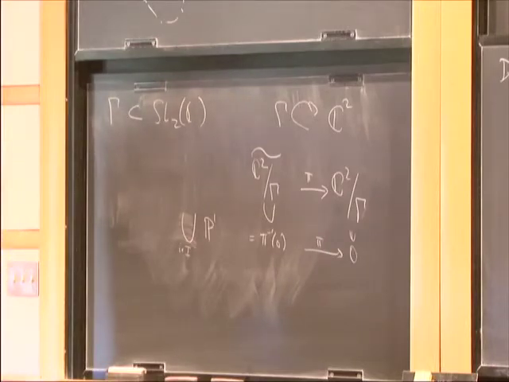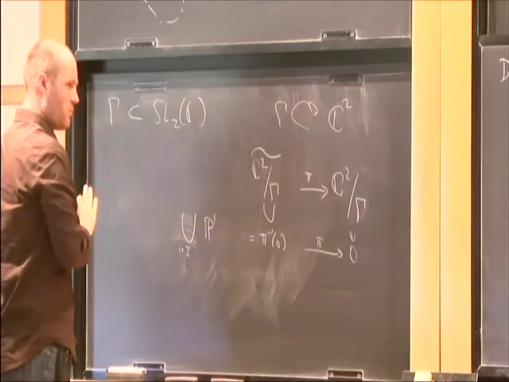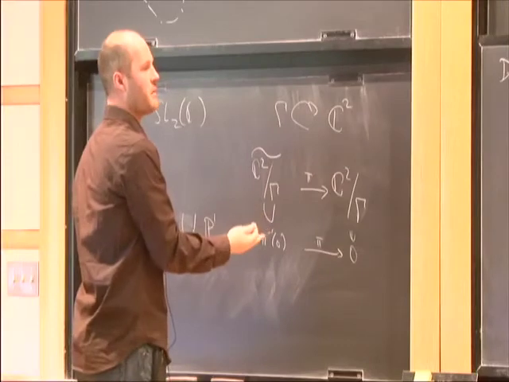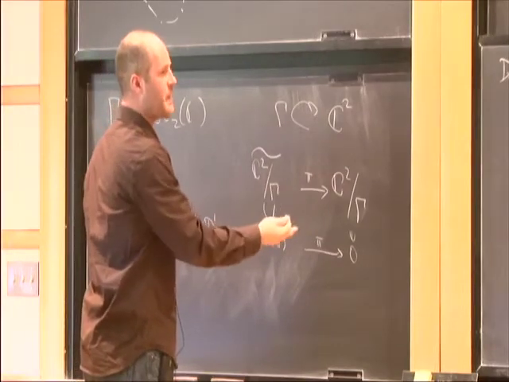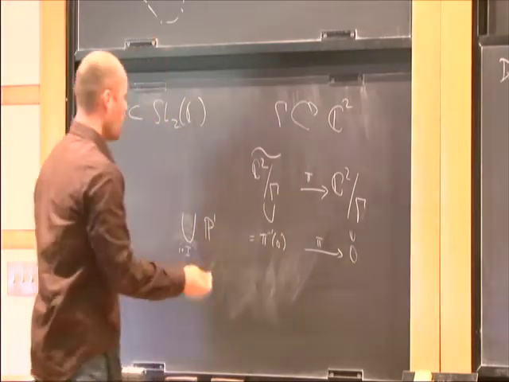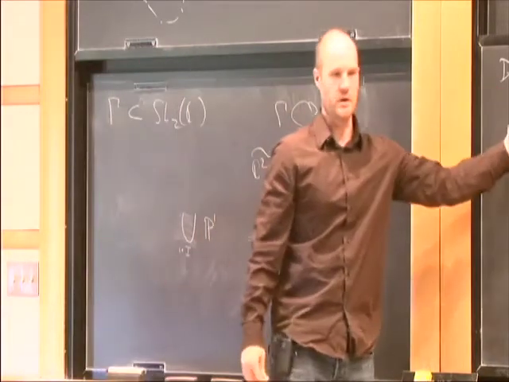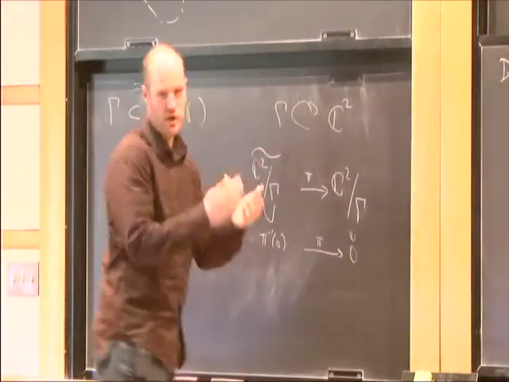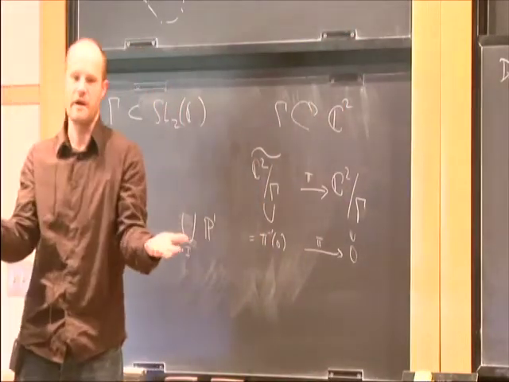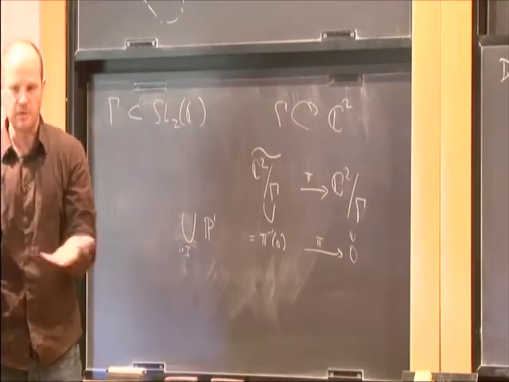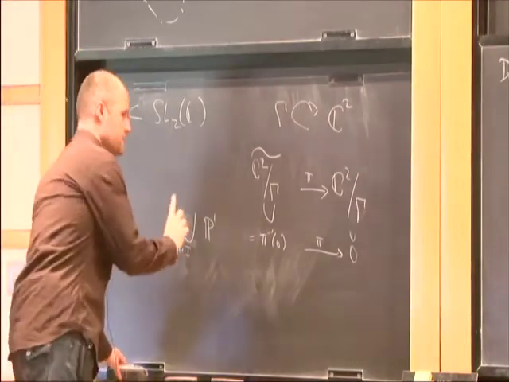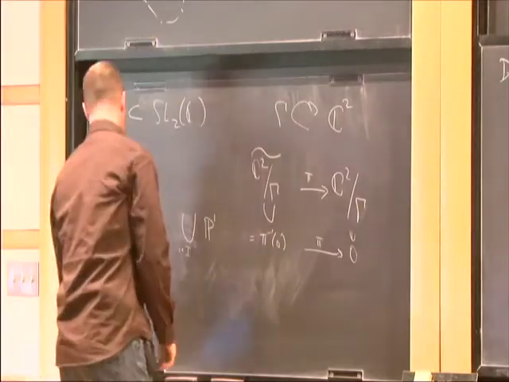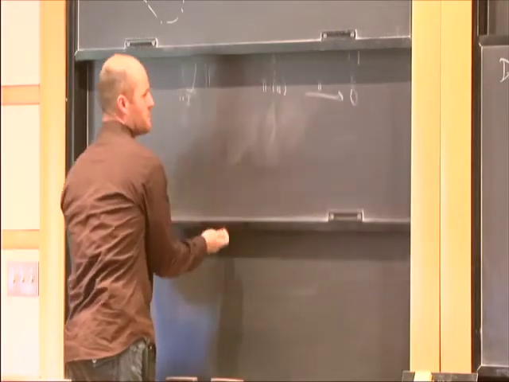Okay, so now the basic question that I want to spend the next 10 minutes explaining is what this geometry has to do with this Heisenberg algebra. They're both things you can get starting from a finite subgroup of SL2C. So what do they have to do with each other? In order to tell you that, I need to introduce one more piece of geometric input.